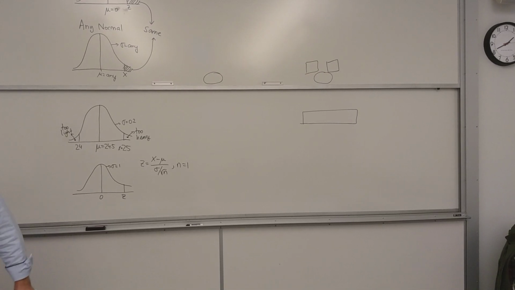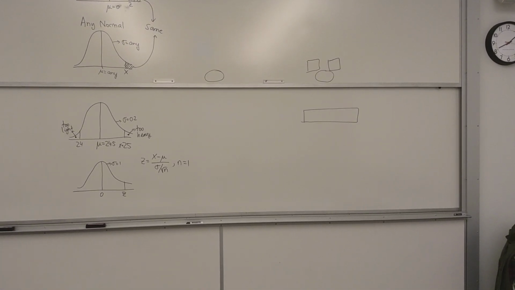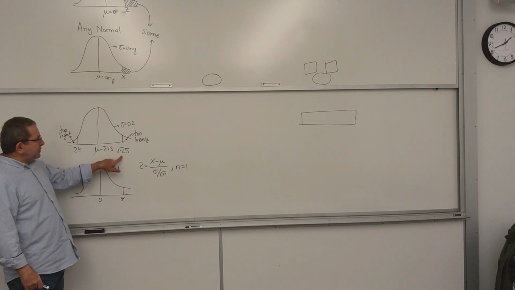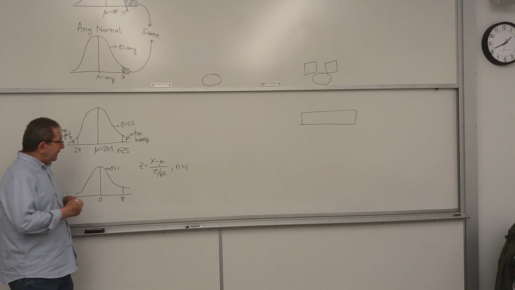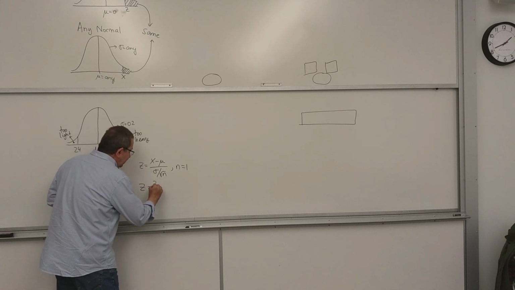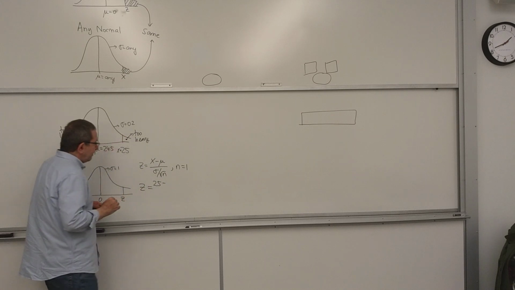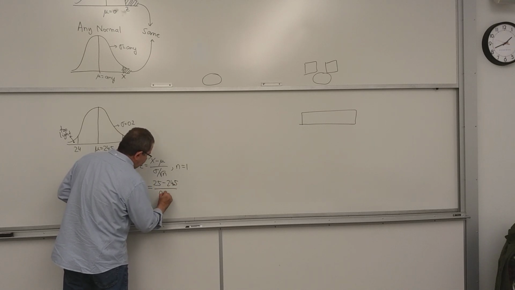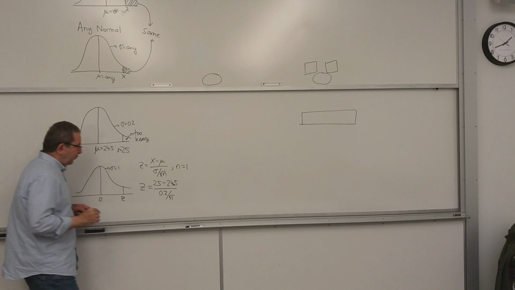So I hope this is recording fine. Looks okay. All right, so let's find the z value here. Which z-value corresponds to x equals 25? For that, I plug in the numbers. X is 25, mu is 24.5, divided by sigma, which is 0.2, square root of 1.